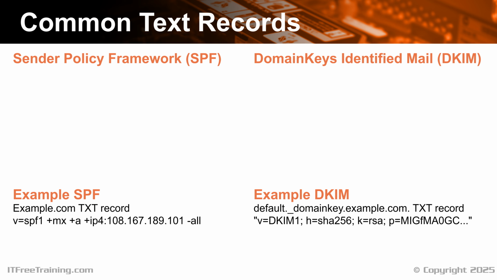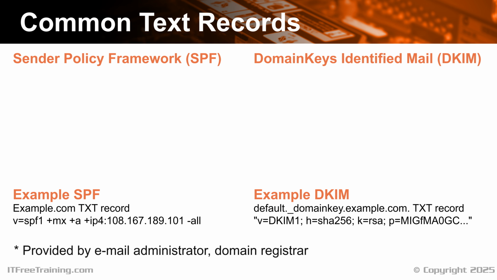It is not that important to understand the format of these text records, as they are generally provided by your email administrator or domain registrar. If your email is hosted by your service provider, they may have already been created for you. Otherwise, you may need to create the text DNS records yourself, which will often involve copying and pasting the required data. Let's have a look at what they both do.